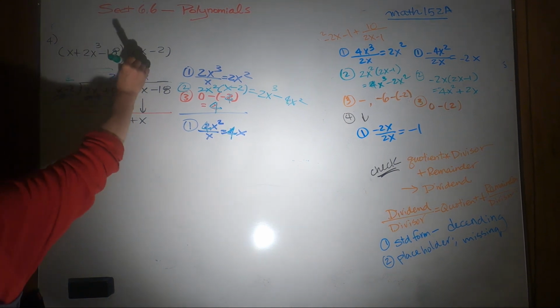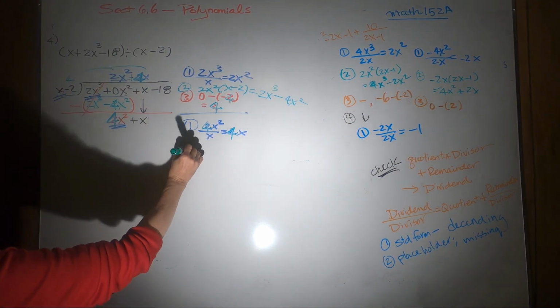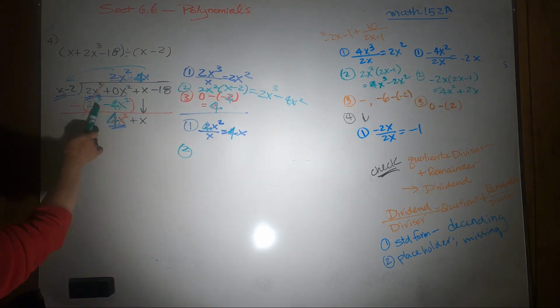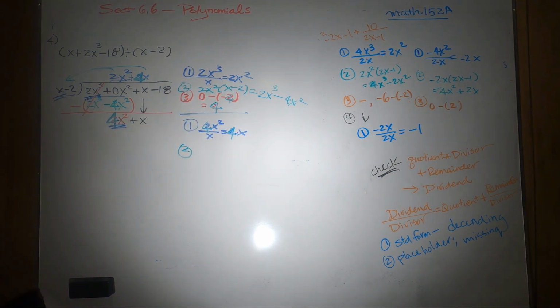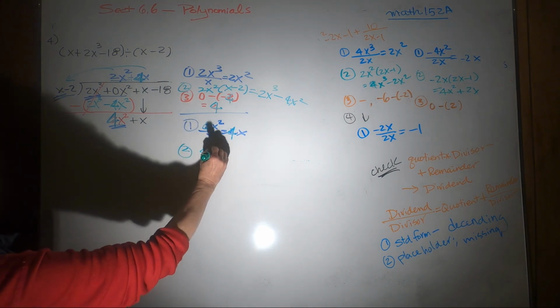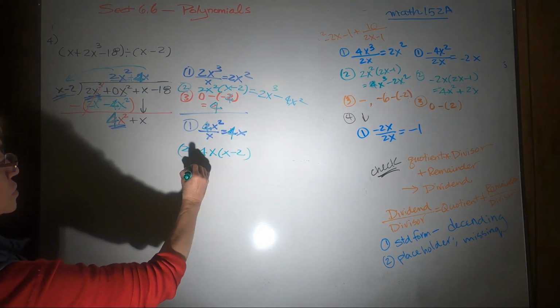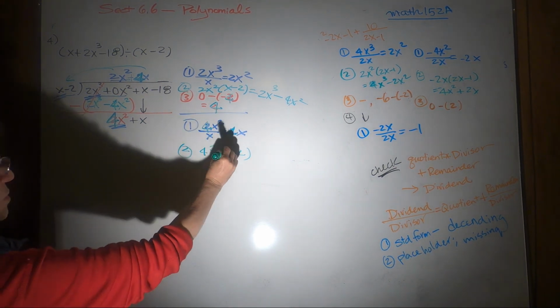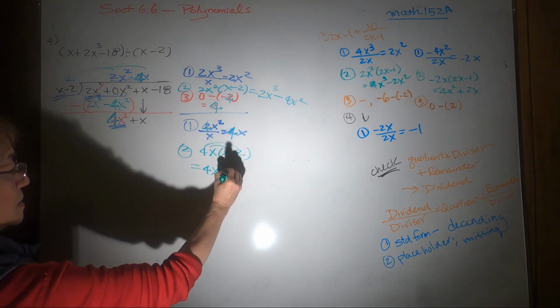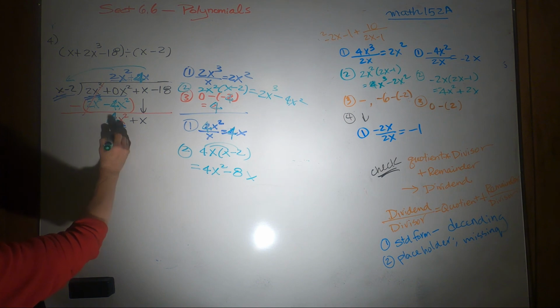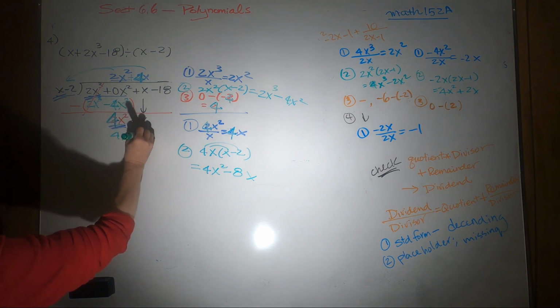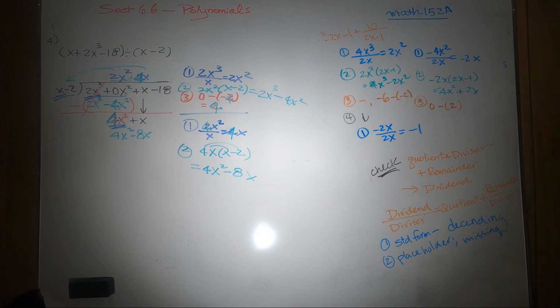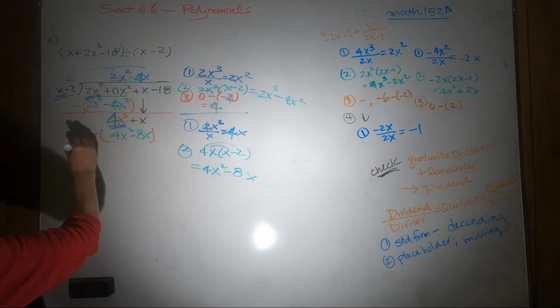So what do we do? Multiply back. We better write it down like here. We didn't write it down, then we had typos. So you have 4x times x minus 2. You just do it one step at a time. That would be 4x squared minus 8x. Do we have typos? Then we subtract.